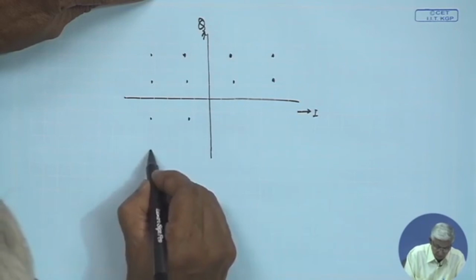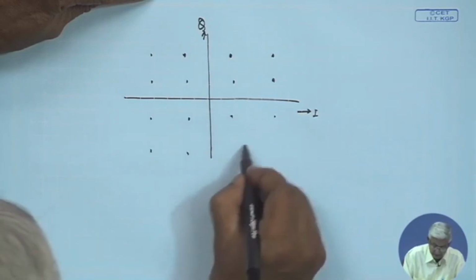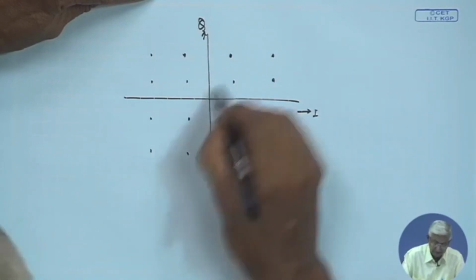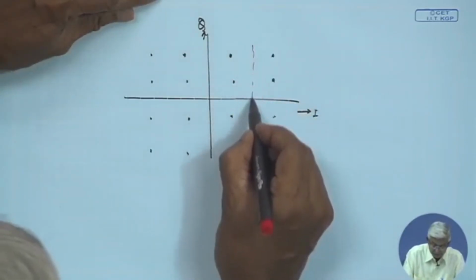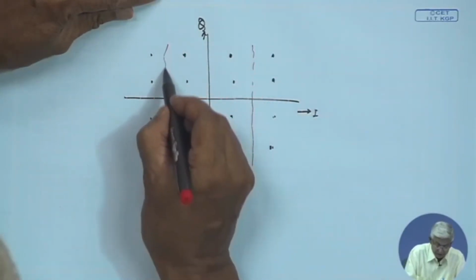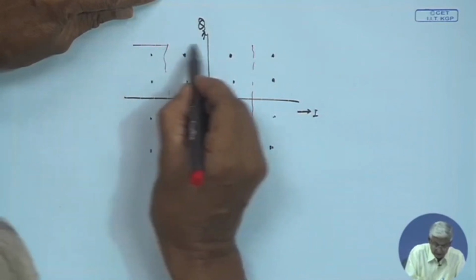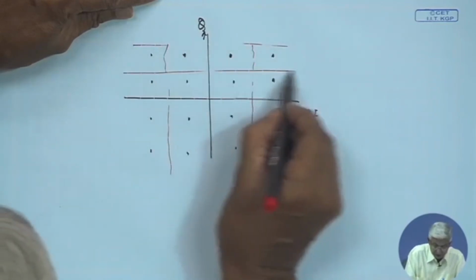Say a 16 QAM constellation diagram is like this. These are nothing but the vector points. So, the decision boundary at the receiver is used to identify where the vector is and decide which bit it should be.